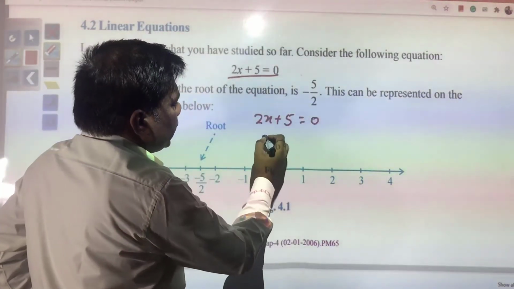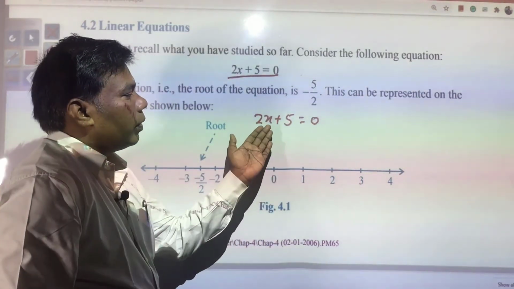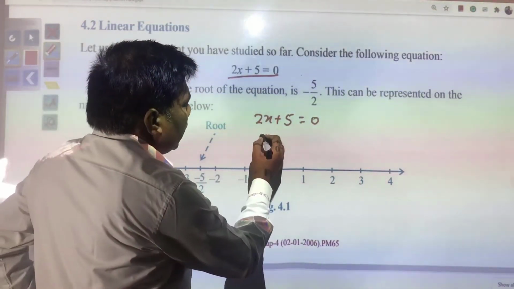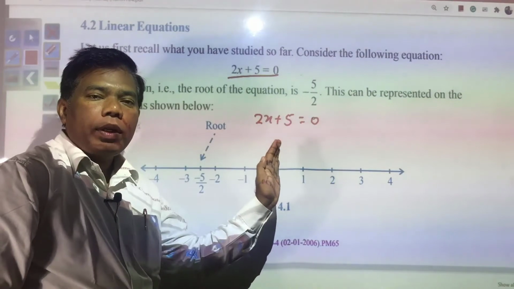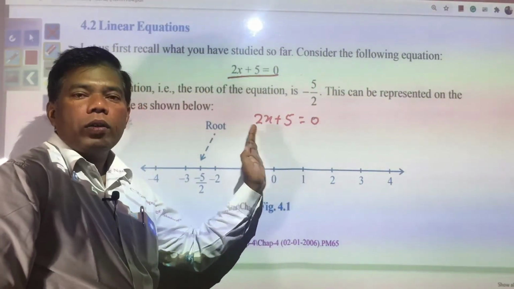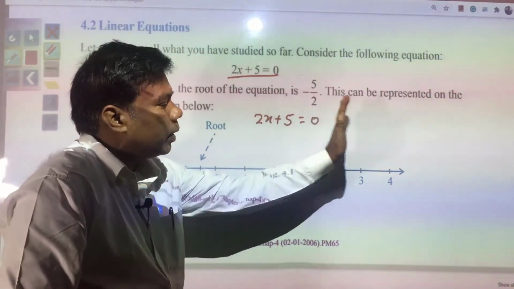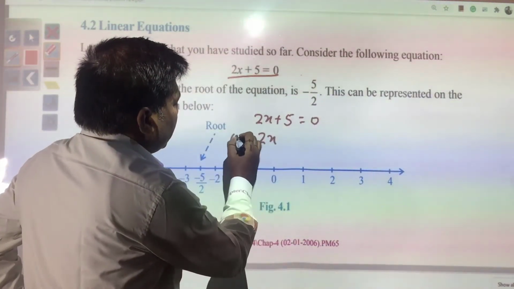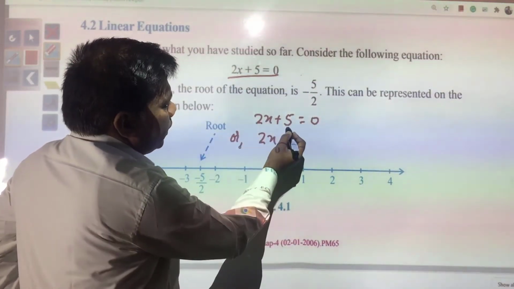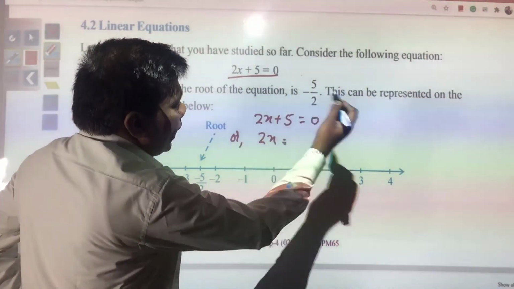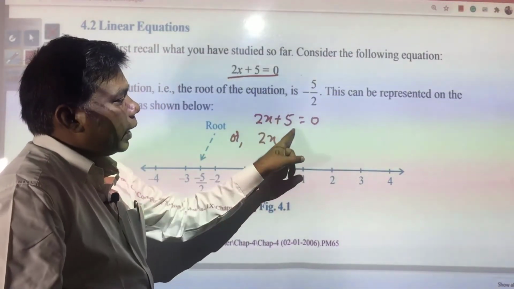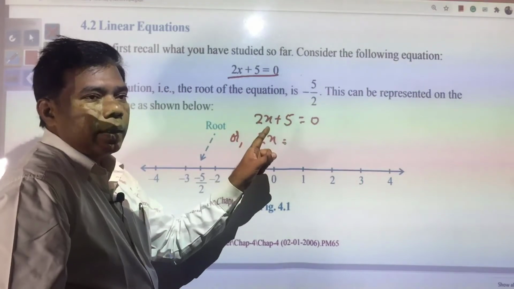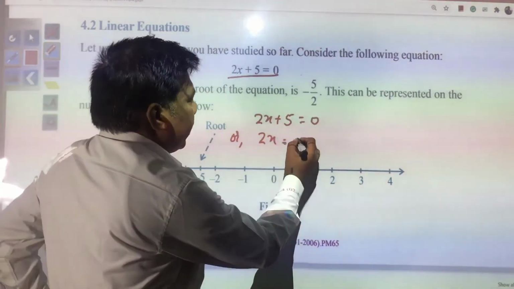In this case, how will you find the value of x? Variable terms we keep on the left side, and non-variable terms on the right side. So 2x stays as it is, and this constant term we take to the right side. When we change side, this plus 5 becomes minus 5.